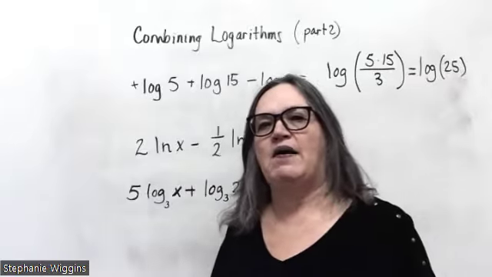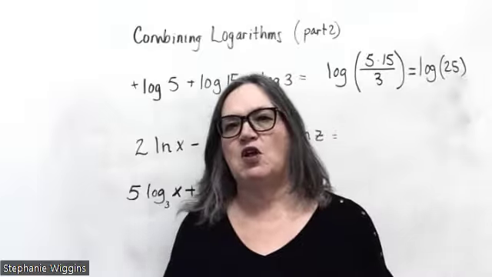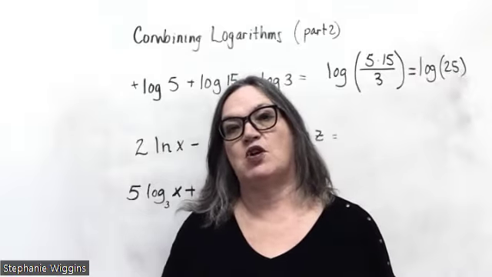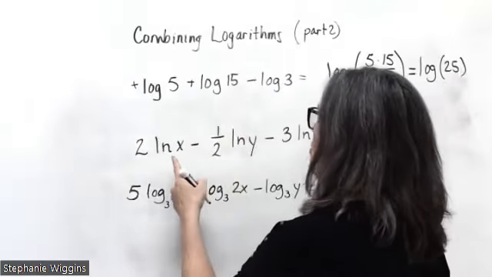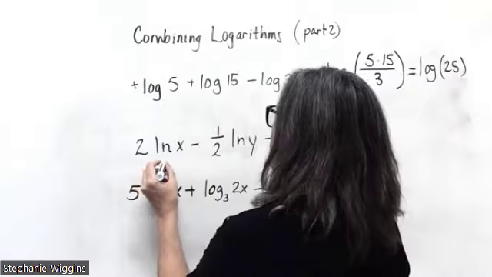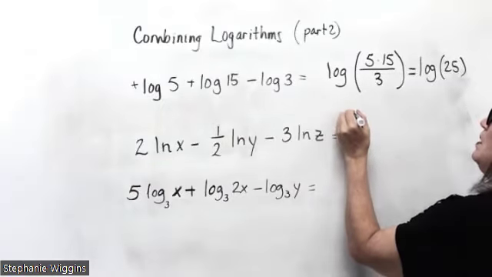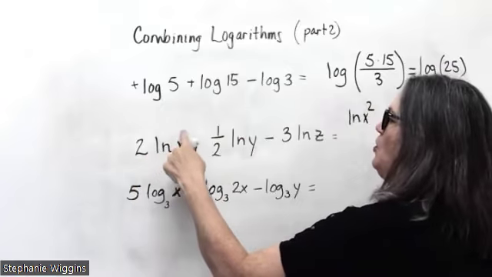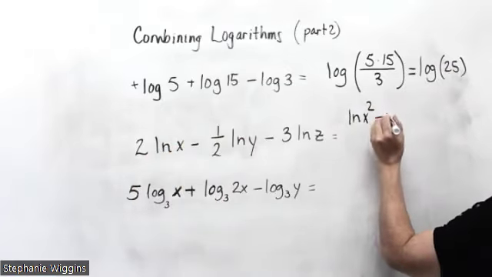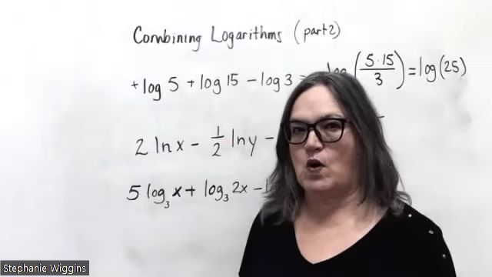Now here we have some constants in front. Constants in front of logs just mean exponents. You're going to take those and throw them up into the exponent. So this is going to be simplified as, let me just write it up here, the natural log of x squared, okay, this is the exponent on x, minus, now 1/2 as an exponent is simply a square root.